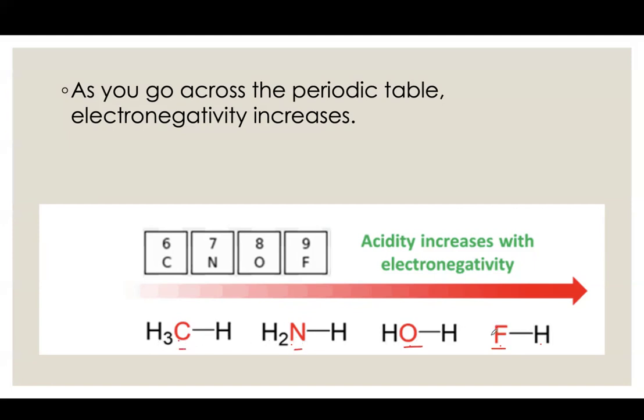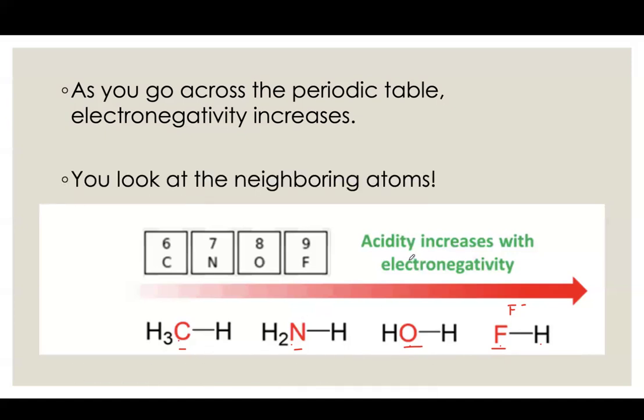The most electronegative one is fluorine. Because fluorine is more electronegative, after hydrogen goes away, fluorine is happy to bear that negative charge because it attracts electrons due to its high electronegativity. As such, F minus is going to be the most stable conjugate base because F minus is very electronegative. As a result, HF is going to be the stronger acid in comparison to the other three. So you only look at the neighboring atoms.